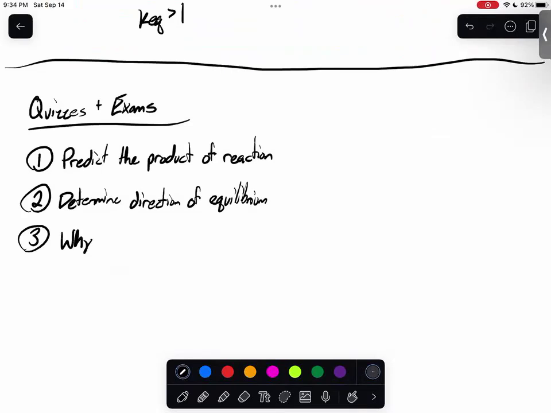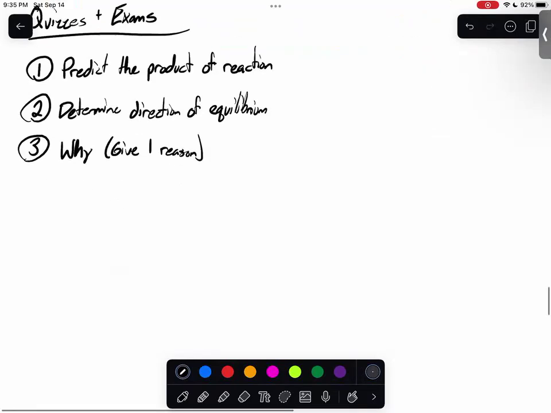You'll have to give one reason. So we're going to go through a bunch of examples of this because I think the only way to understand this is to practice it. And so we will start out with example number one of a problem that you may be given on a quiz or exam.